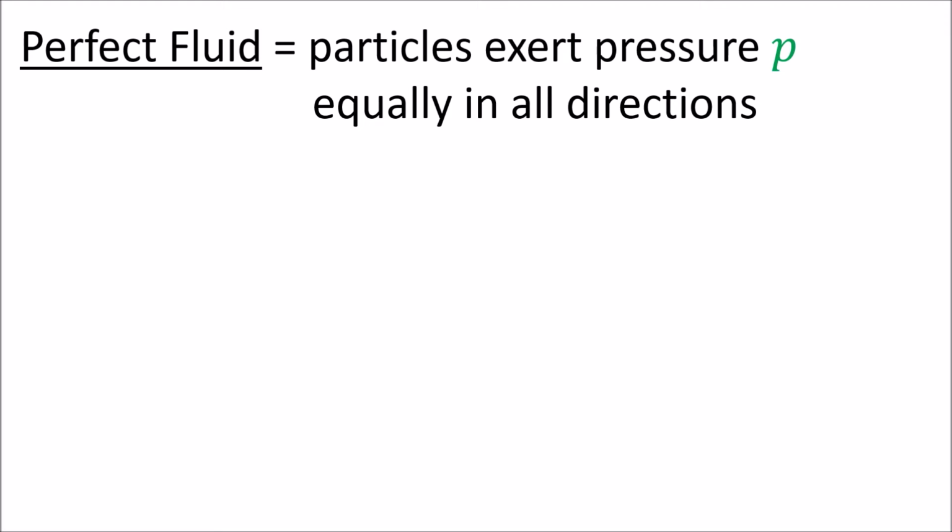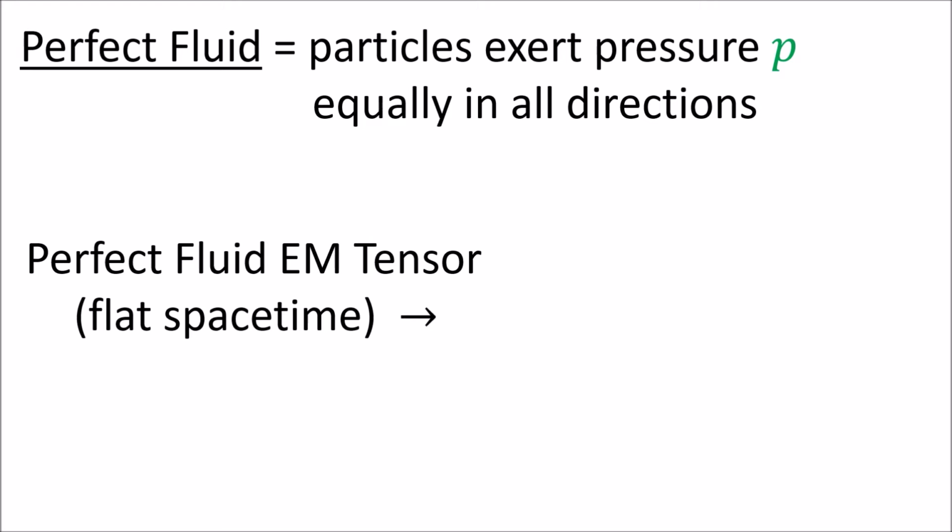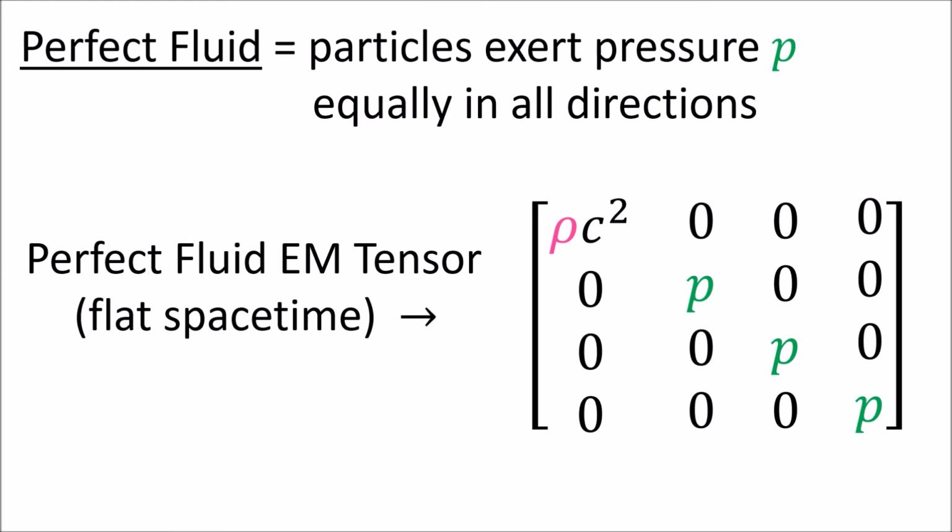So, given that review, we're ready to describe our spatially homogeneous and isotropic universe as a perfect fluid, which is a fluid that exerts pressure equally in all directions. In flat spacetime, the perfect fluid EM tensor looks like this, with equal pressure in all directions, and an energy density given by mass density ρ times c squared.